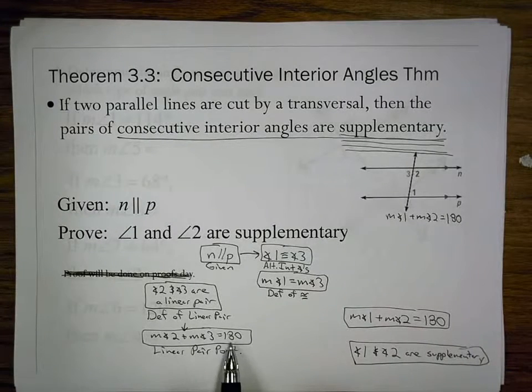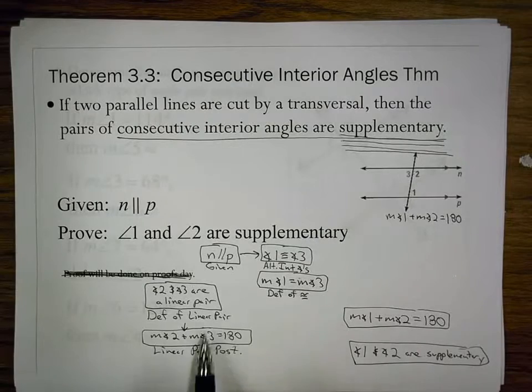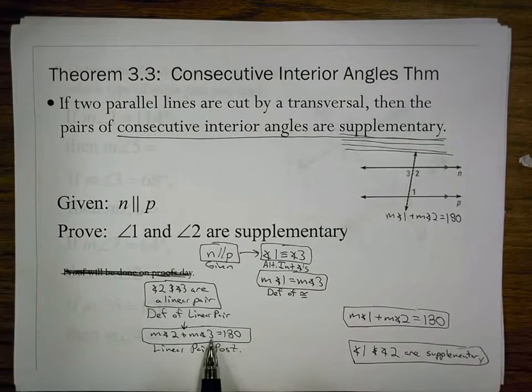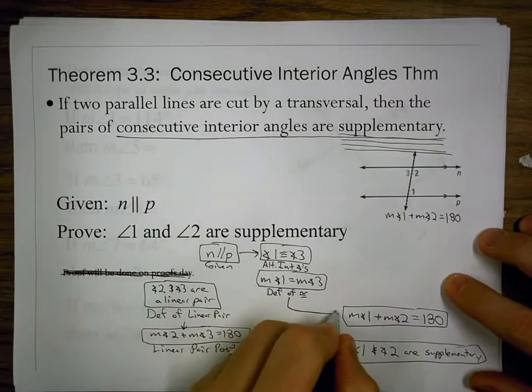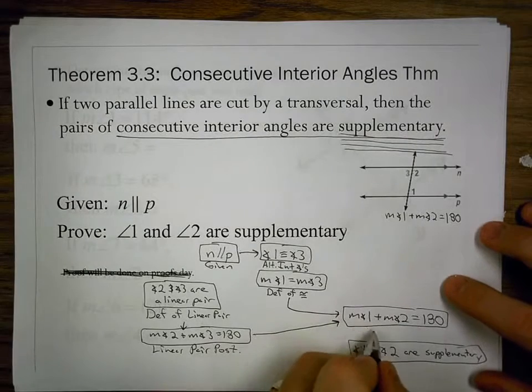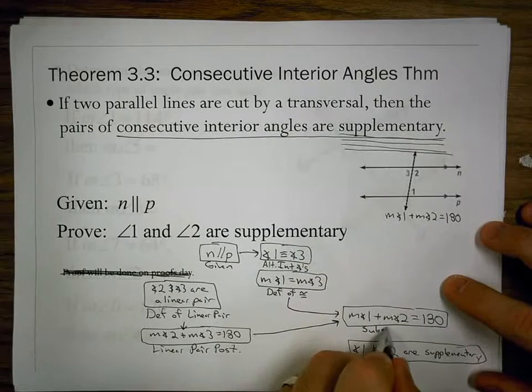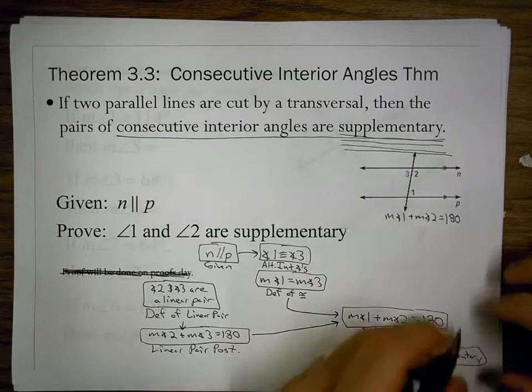So right now I have 2 and 3 are 180, but I want 1 and 2. Well, wait a minute. 1 and 3 are the same, so if I could replace this with angle 1, I would have this. So, if I took that equal, and that supplementary, or that linear pair, by substitution, I get that they add to 180.